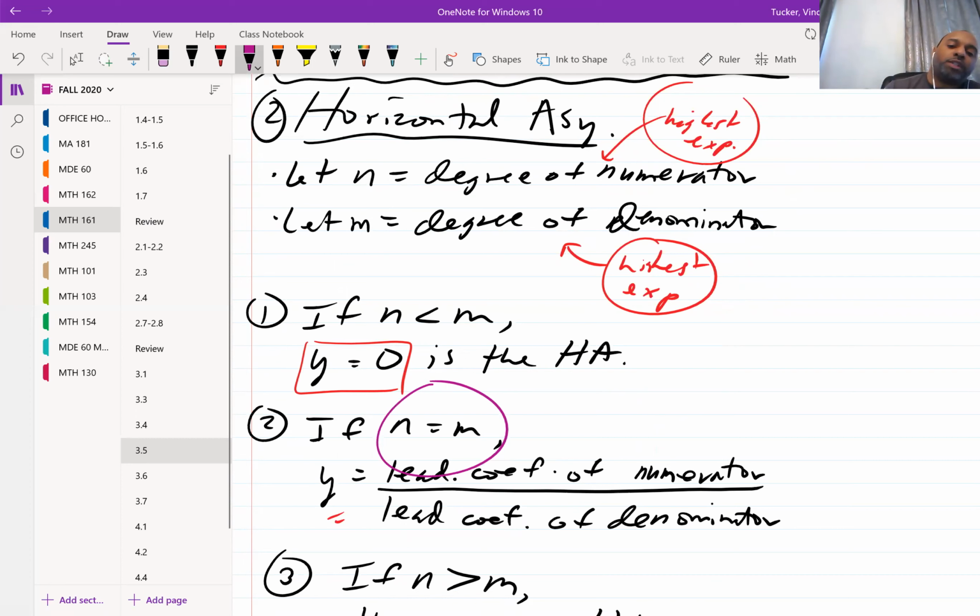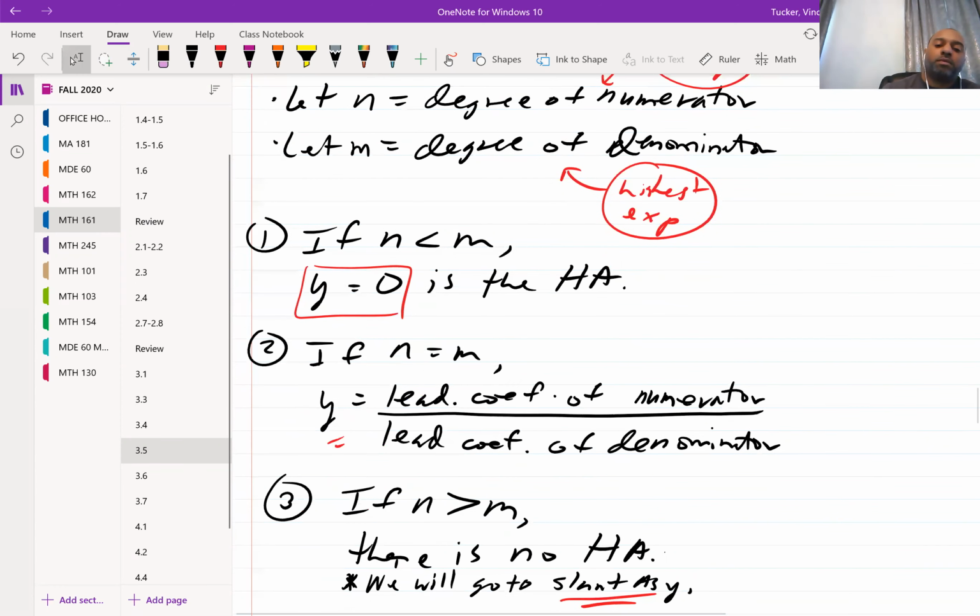If n is equal to m, then you take the leading coefficient of the numerator, place it over the leading coefficient of your denominator. Once again, notice it says y equals. And then if n is greater than m, there is no horizontal asymptote. We will go to the slant asymptotes.